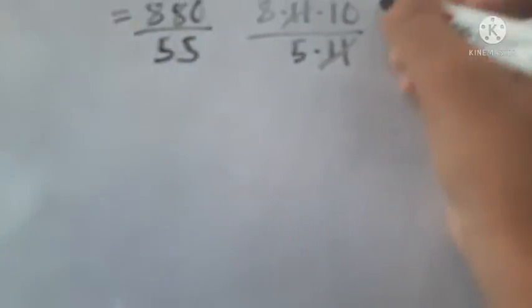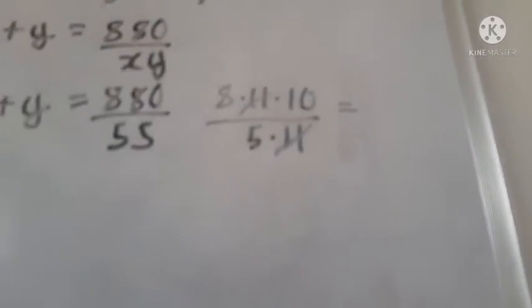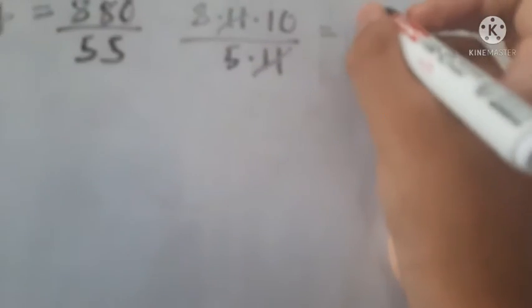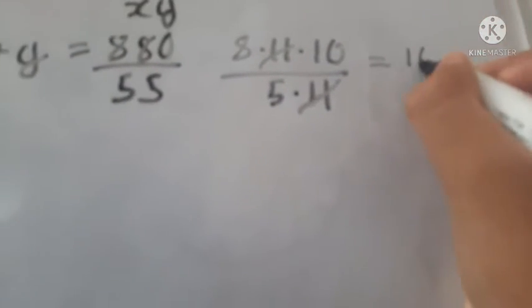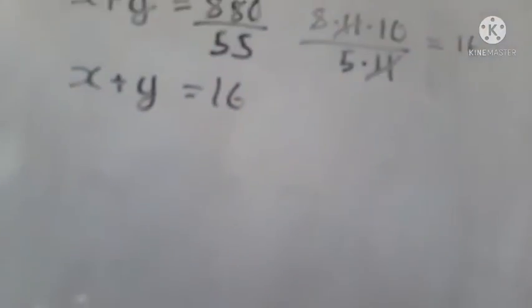The 11s cancel out. It's 80 over 5, and this is x plus y. 80 over 5 is, what is it, 9? No, wait, it's 16. So x plus y is 16.